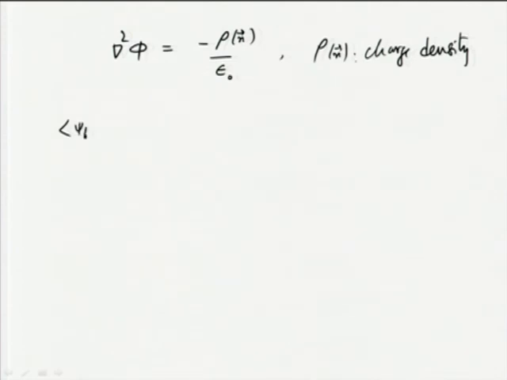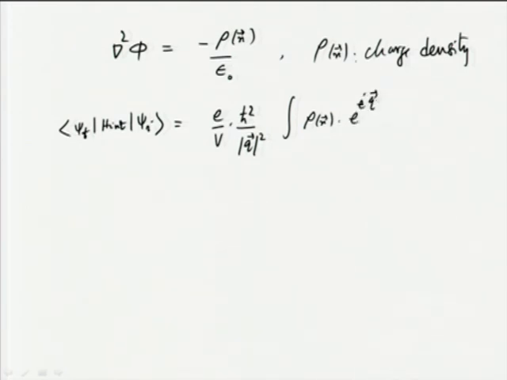So, then we can write psi f, H interaction, psi i, equal to: the minus sign in del square phi cancels with the already existing minus sign, so e over V, h cross square over q square, times the integral of rho x e power i q dot x over h cross d 3 x.